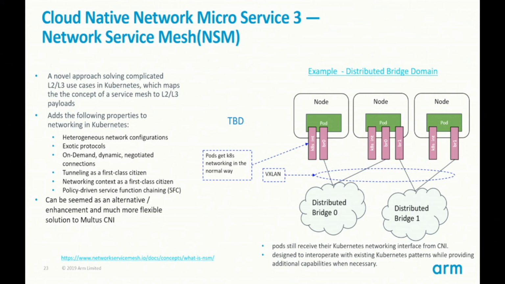I think network service mesh is a novel approach to solving complicated layer 2 and layer 3 use cases in Kubernetes, which maps the concept of a service mesh to layer 2 and layer 3 payloads.